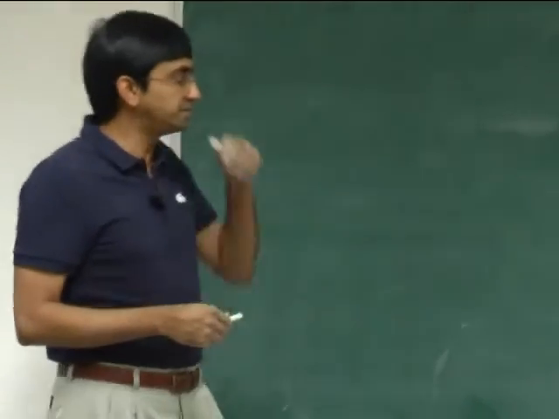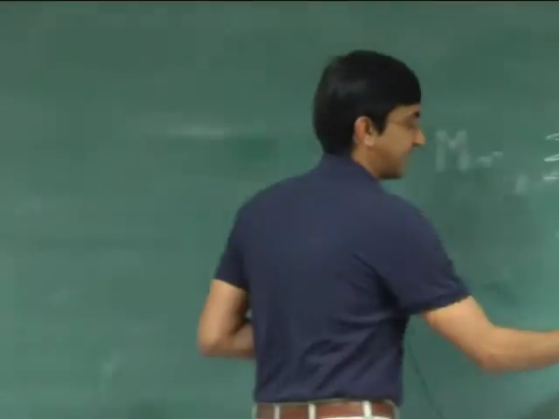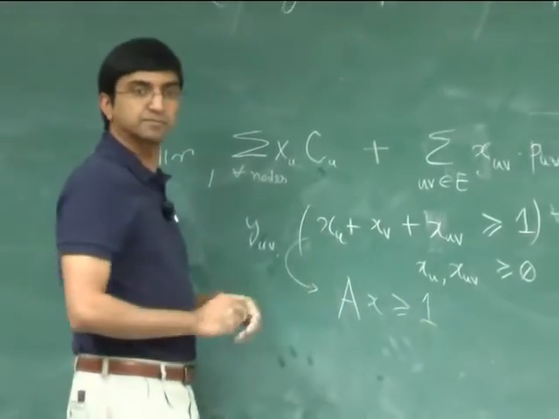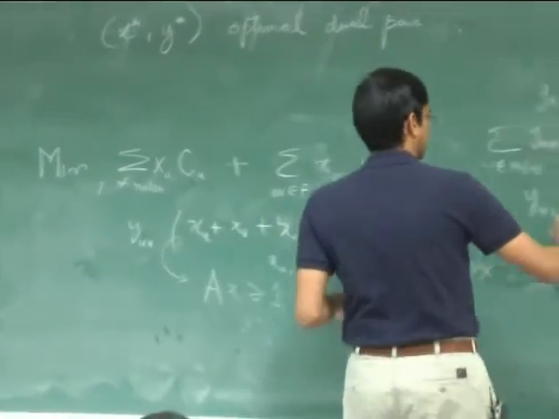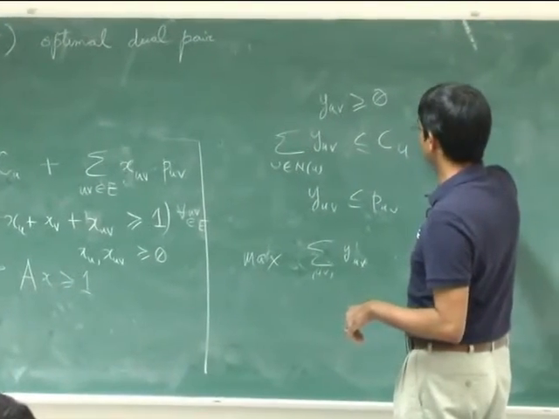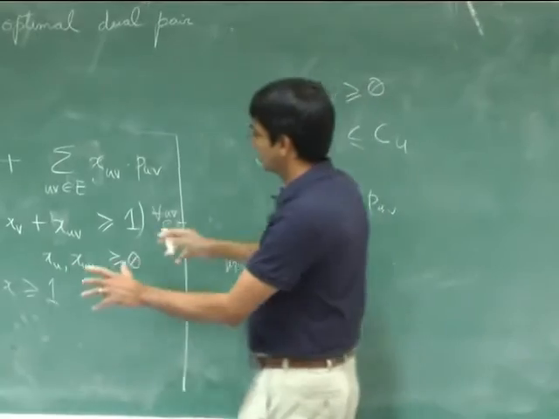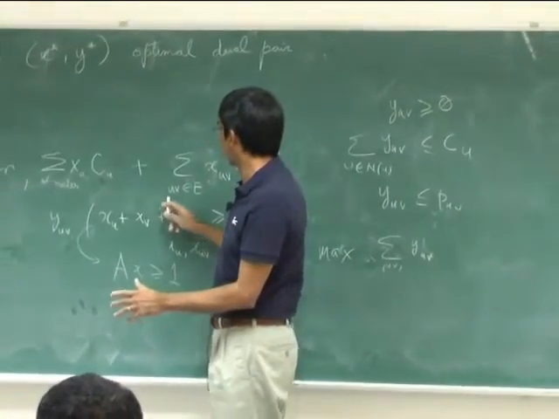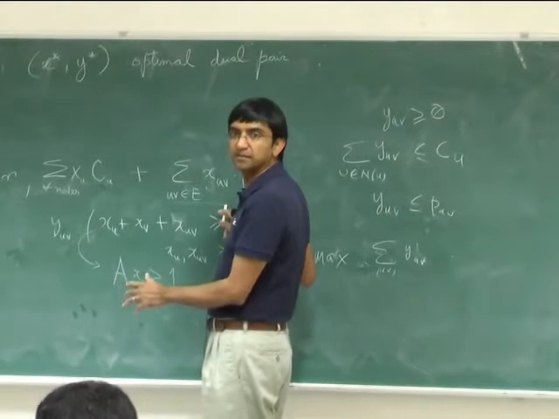Okay, so remember, this is Ax greater than or equal to 1. When I say x, x has a part corresponding to the vertices followed by a part corresponding to the edges.